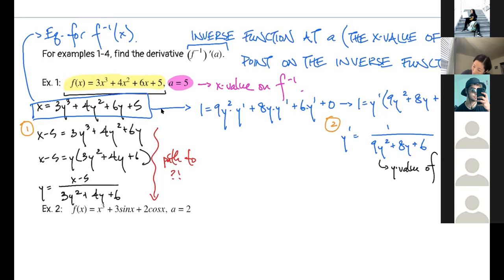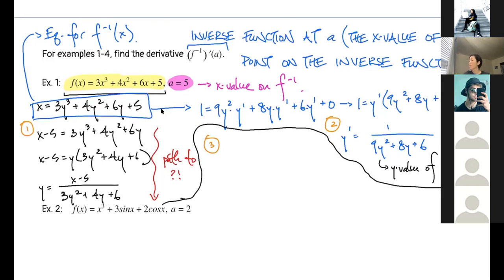So let's try method number 3. We're going to go back to that formula.